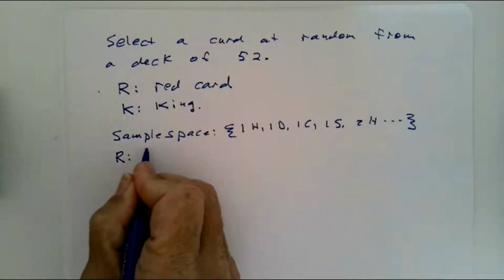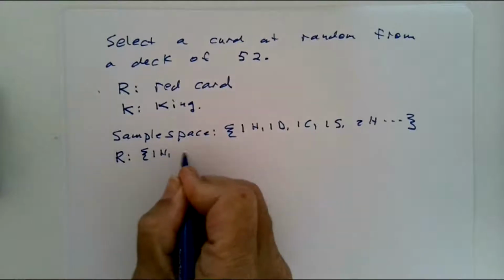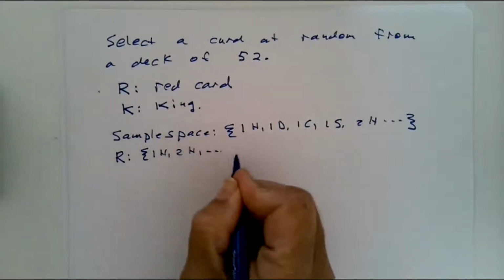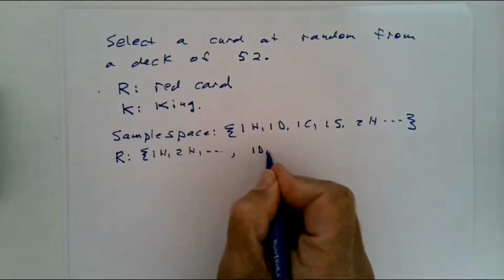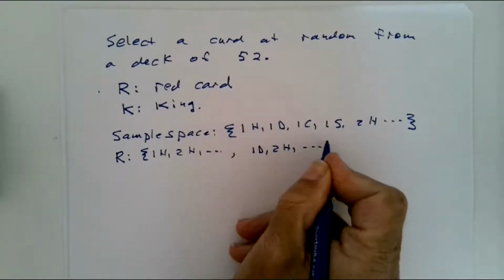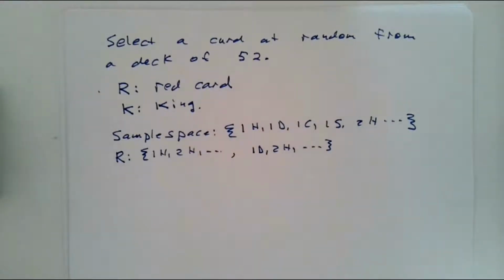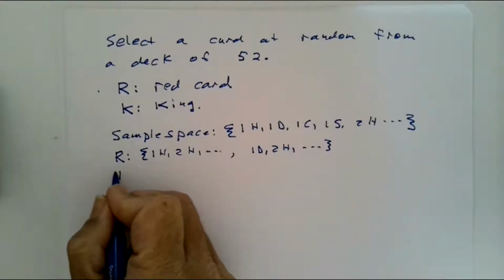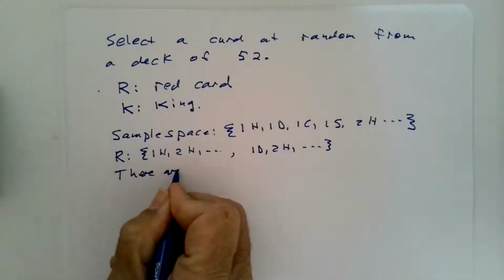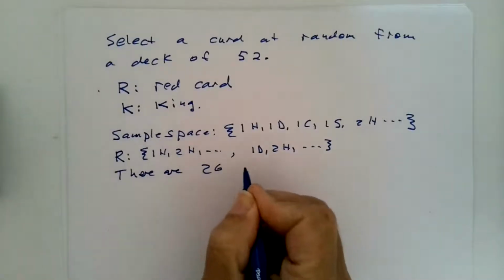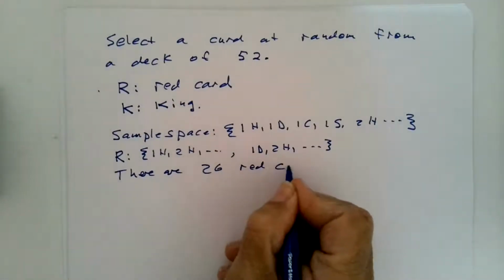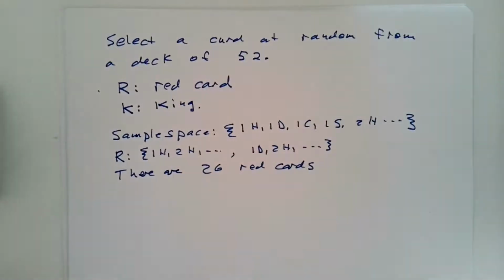Well, all the hearts, all the diamonds. So 1 of hearts, 2 of hearts, all of the hearts, all of the diamonds, 1 of diamonds, 2 of diamonds, all of those. How many are there total? There's a total of 26 red cards. Again, 13 hearts, 13 diamonds.